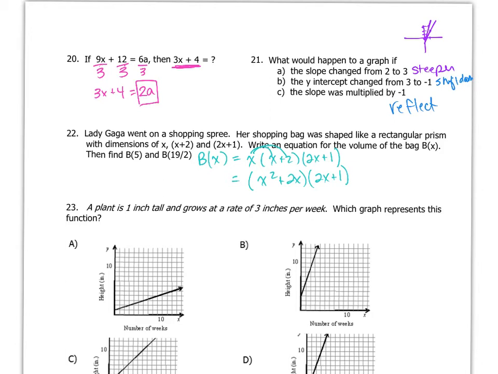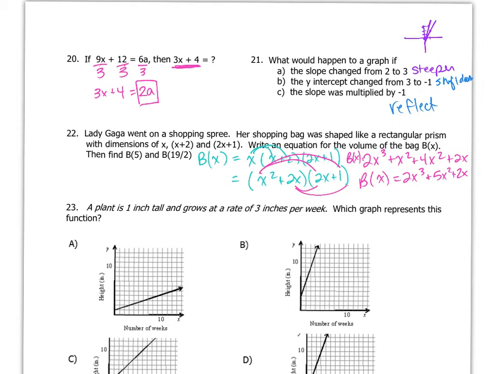So now if we simplify, that's going to be a 2x cubed plus x squared plus 4x squared plus 2x. Write my b of x over here. So if we simplify b of x, that is going to equal 2x cubed plus 5x squared plus 2x.